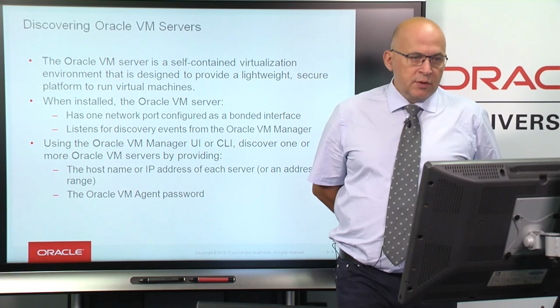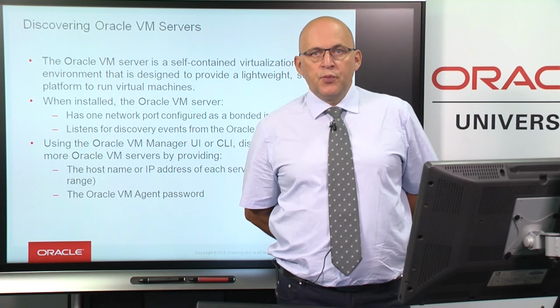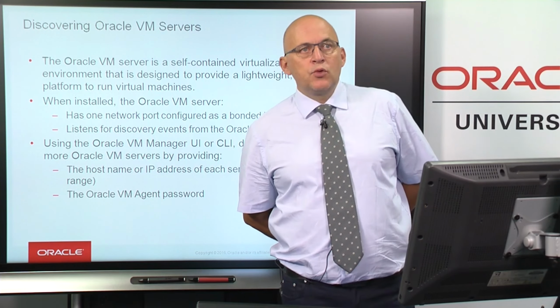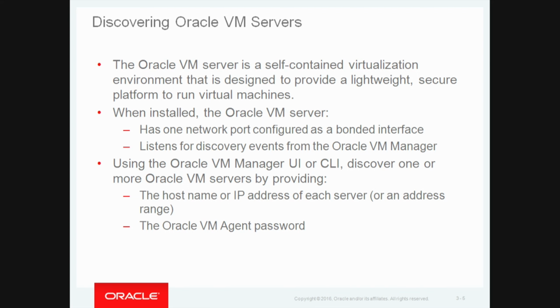And when you discover these servers, you have to provide the network port that has been configured as a bonded interface, okay. And of course the port that has been configured, and also the password of the OVS agent. This discovery can be done either by the user interface or the command line, okay.